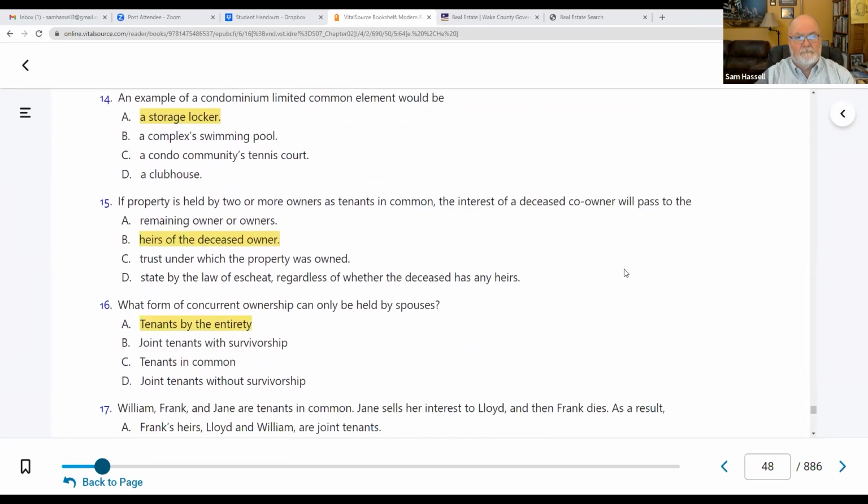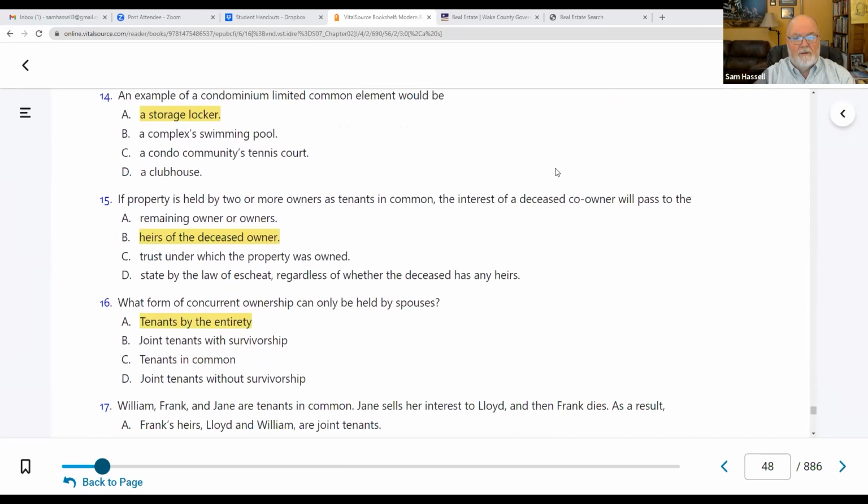Number 14, an example of a condominium limited common element would be a storage locker. A limited common element would be anything that only you can use, yet you don't have ownership over. You have an undivided part of it, right?